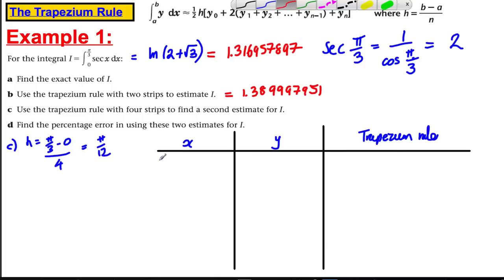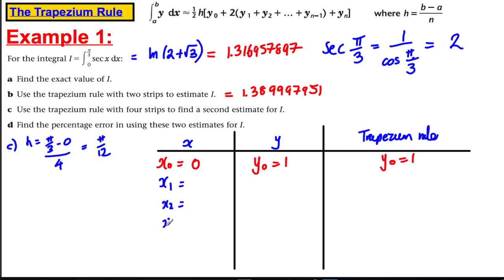So my x0 is going to be equal to 0, and sec of 0 we've said previously is 1. I'm going to have that in my final one. And then we're going to have x1, x2, x3, x4. So x1 is going to be pi by 12.